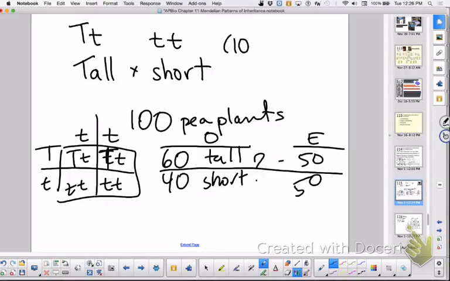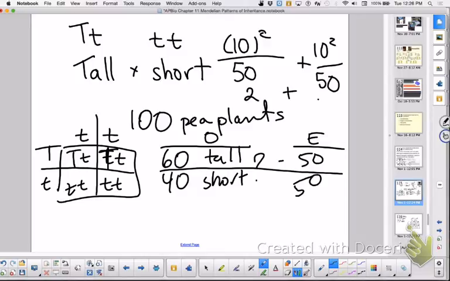Now we're going to do 10 squared over 50, because you do it over what's expected. And then again here, 10 squared over 50. What's 10 times 10? 100 divided by 50 is 2. So this value is 2, and this one's going to be 2.